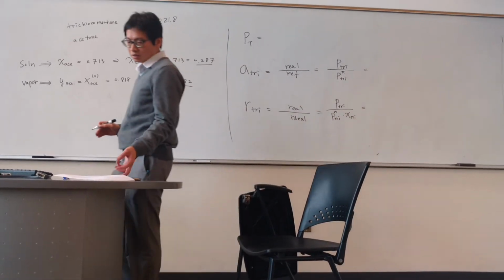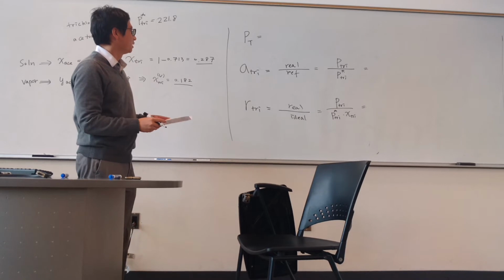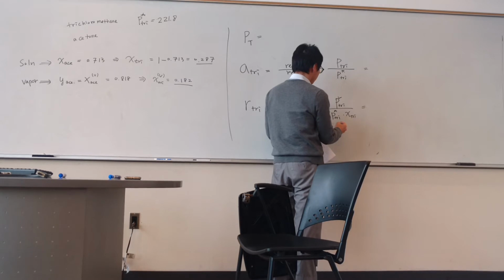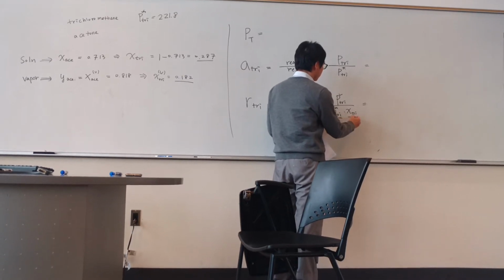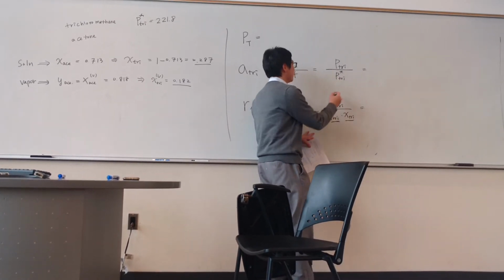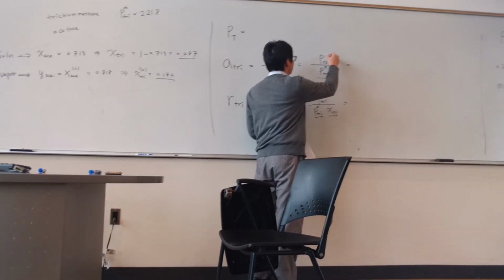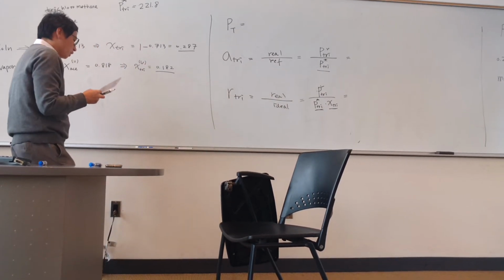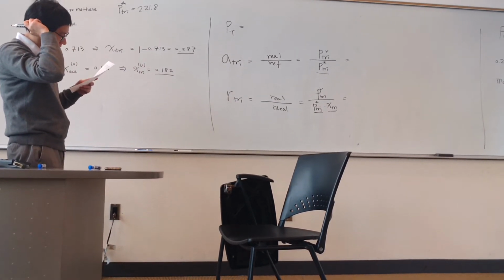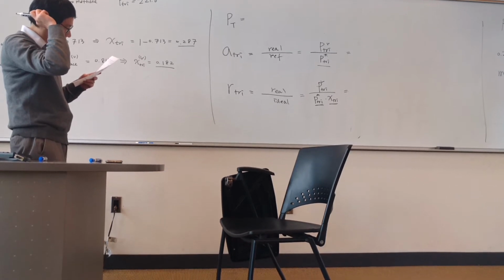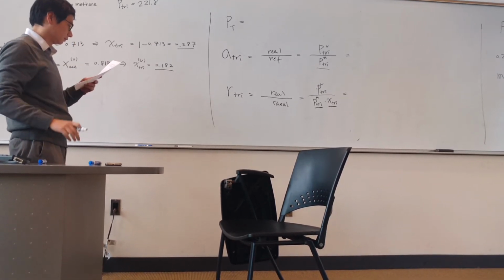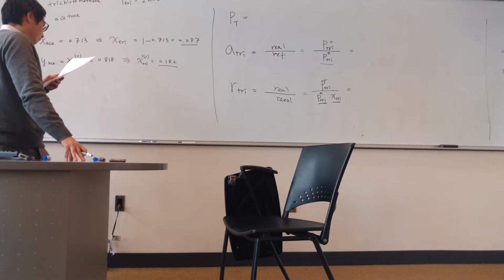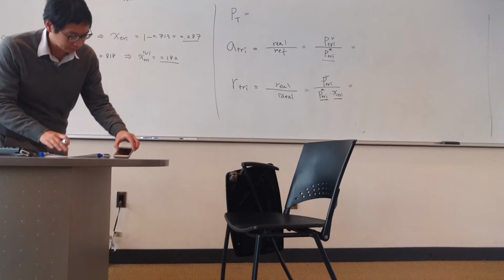So how do you figure out the P real? You want to figure out this guy, right? Because you already know this. If you know this, you know the answer. You need to know this guy to calculate your a and gamma. How do you calculate your P total?